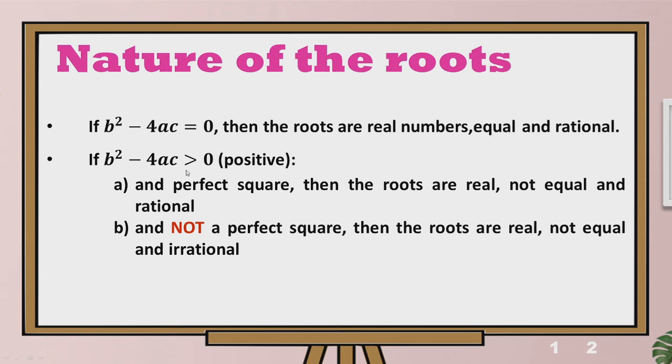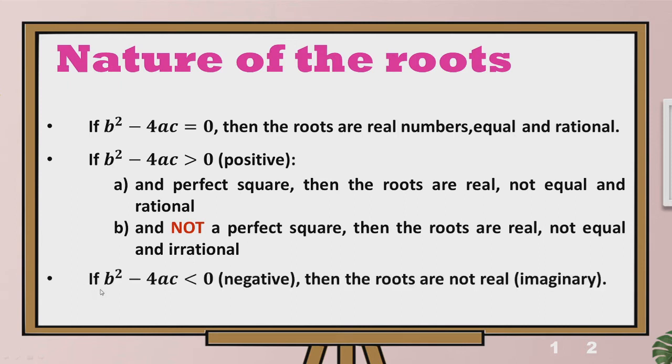Pag ang ating discriminant ay positive naman pero hindi perfect square, then our roots are real, not equal or hindi magkapareho, at irrational. Pag sinabing irrational, these are numbers that we cannot express into fraction form. Usually, these numbers are decimals that are non-terminating at non-repeating.